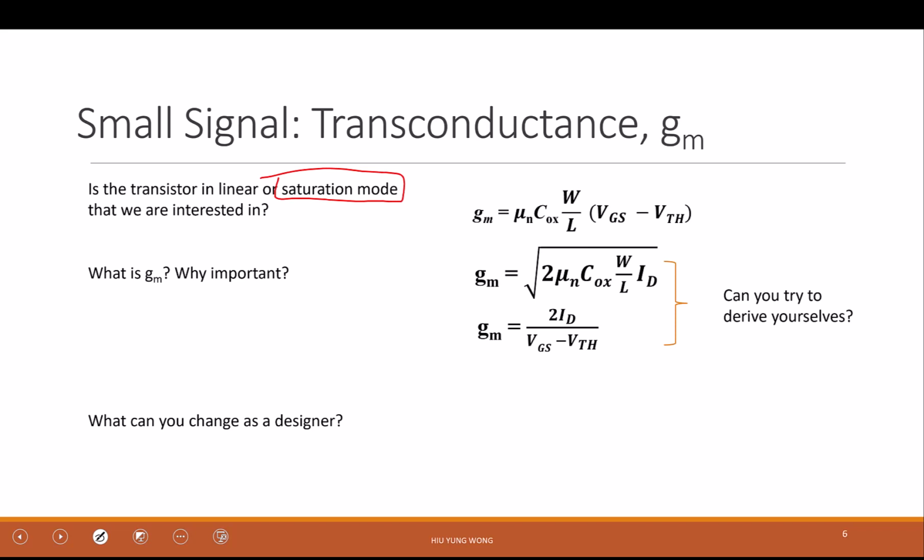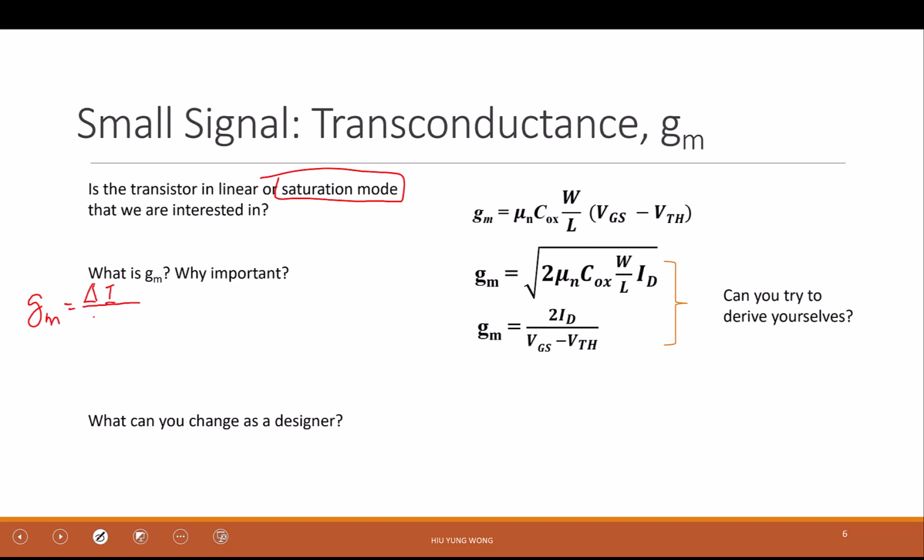So what is GM? We just showed that it equals delta V. Can you tell me what that is? I want you to memorize this. What is GM again? Transconductance is what?